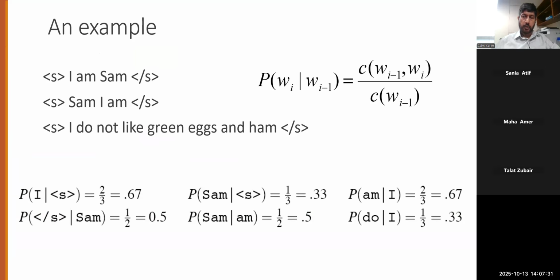Let's say we have a small corpus that consists of these three sentences, and remember in modeling, you can use special tokens. In this example, you see that we have used a token to denote the start of a sentence. So those tokens can also be used in language modeling.